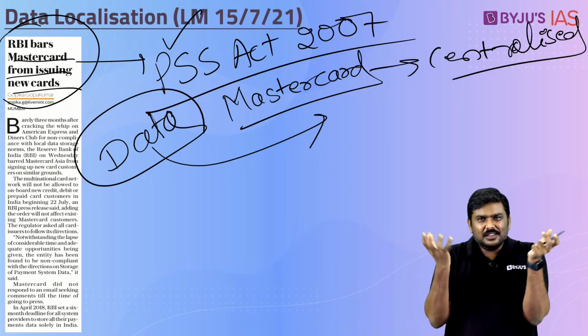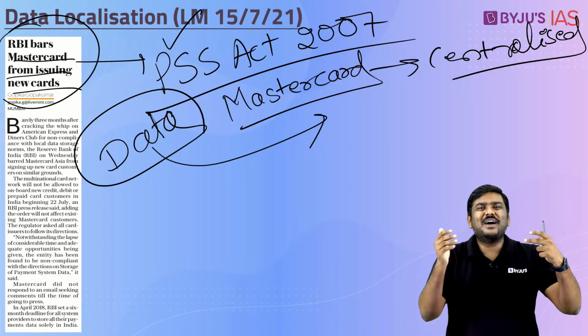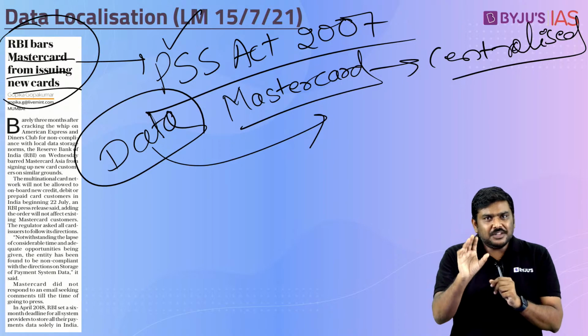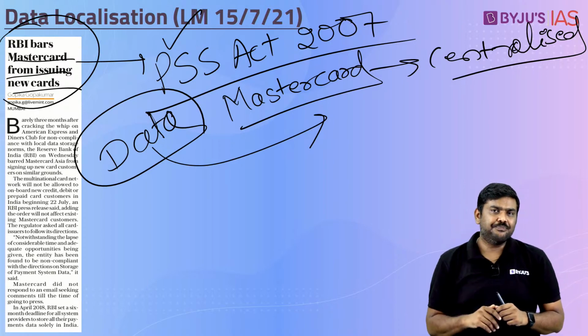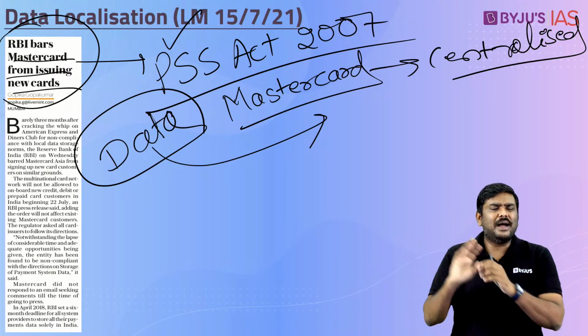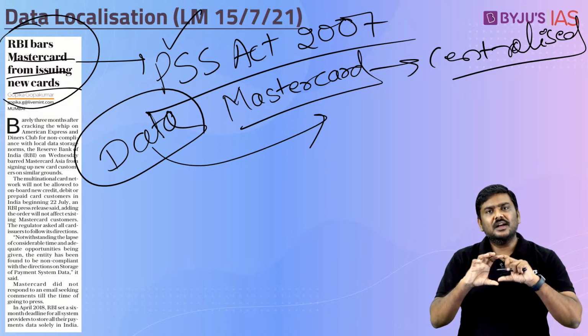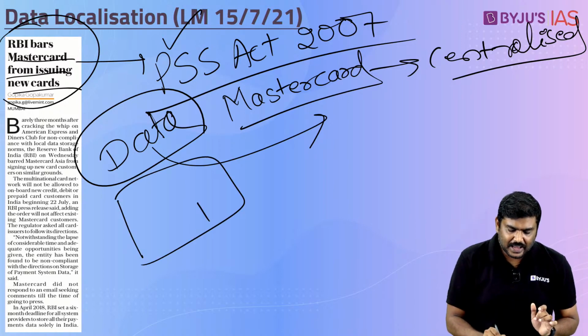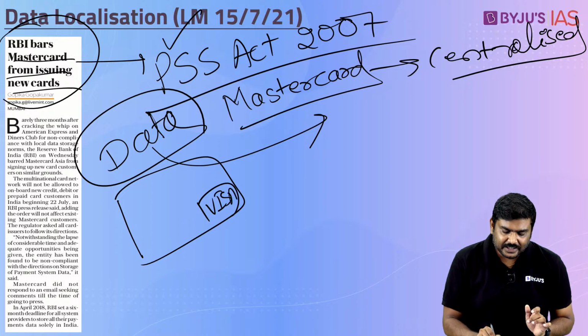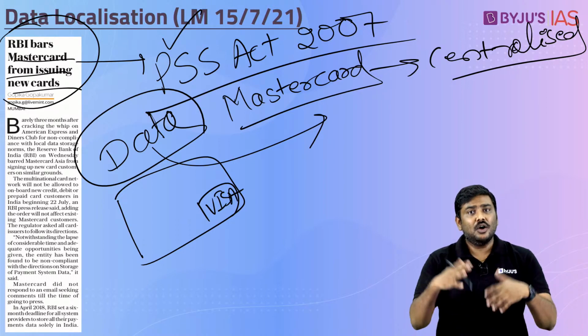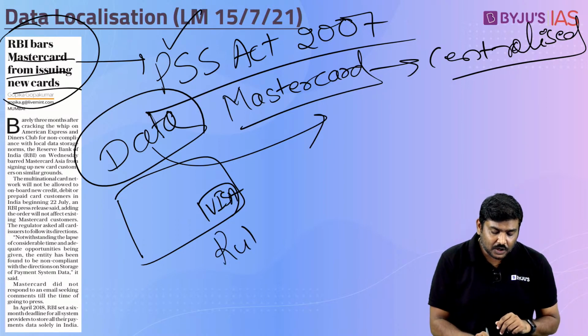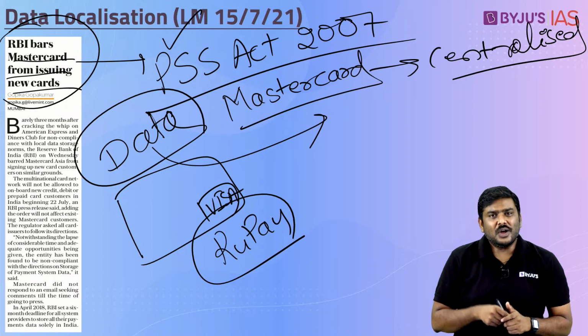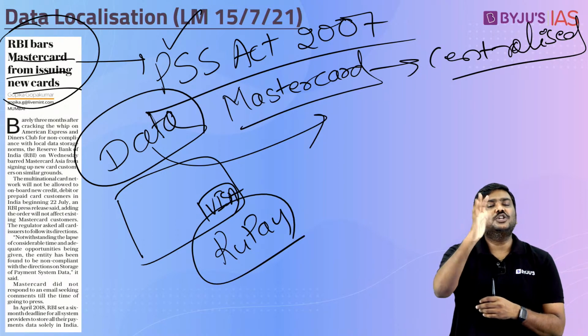Now some of you will be confused as to what is the role of Mastercard in all of this. Imagine you have been issued a debit card by a particular bank XYZ, and this card in the corner generally will have either Visa written, or Mastercard written, or the domestic payment gateway RuPay written. So either one of the three has been issued to you.